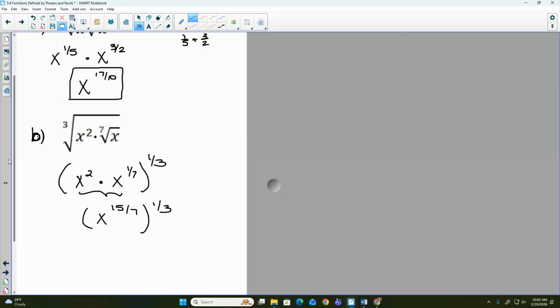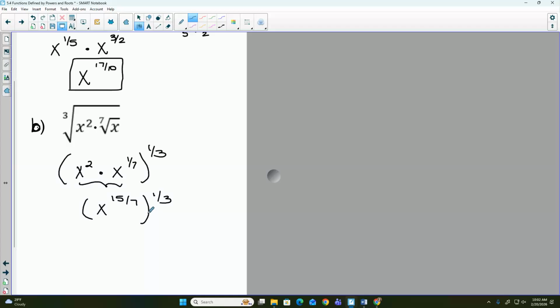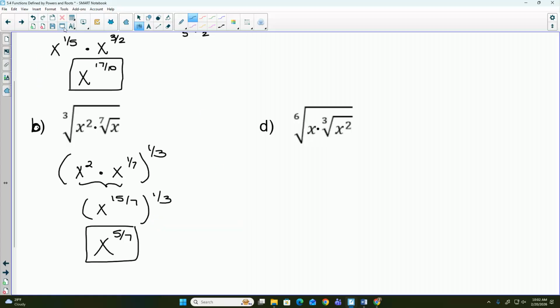Then I have x to the 15/7 to the 1/3. If it's a power to a power, what do we do with the exponents? Multiply. So 15 over 7 times 1 over 3. We should end up with x to the 5/7 power. I want you guys to try these two.